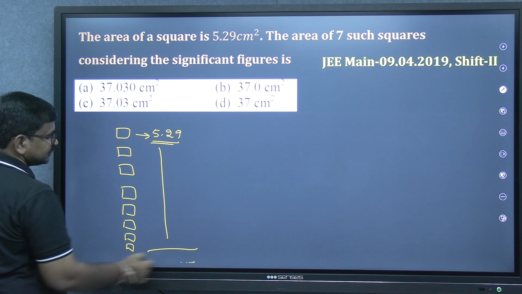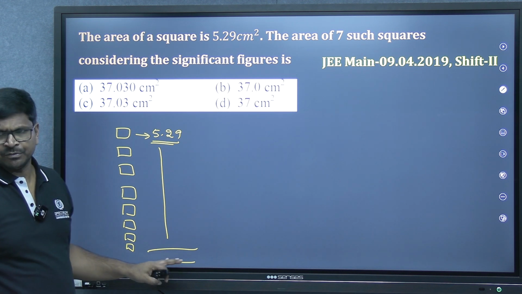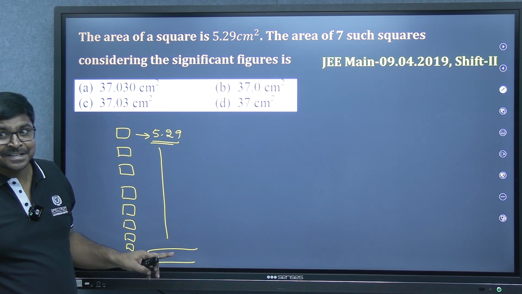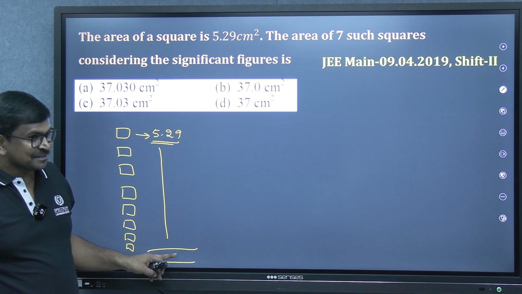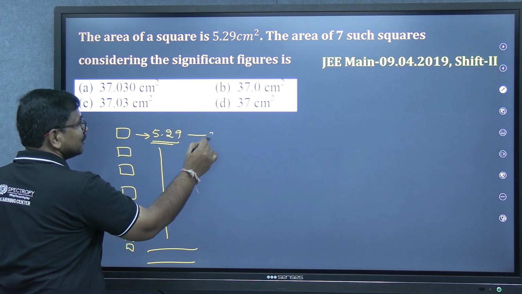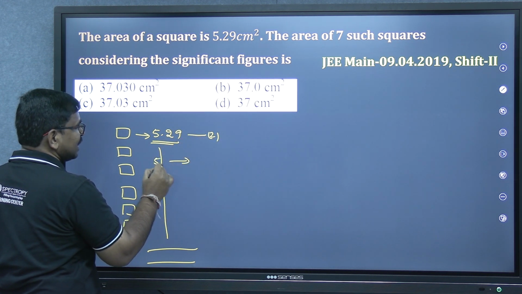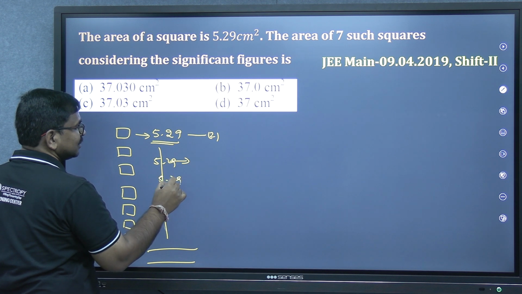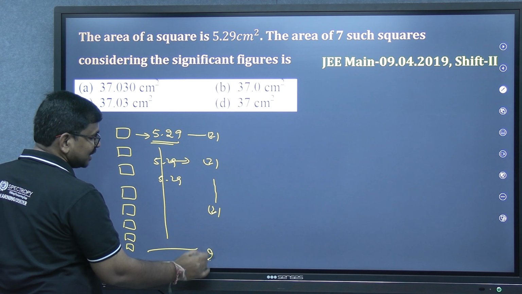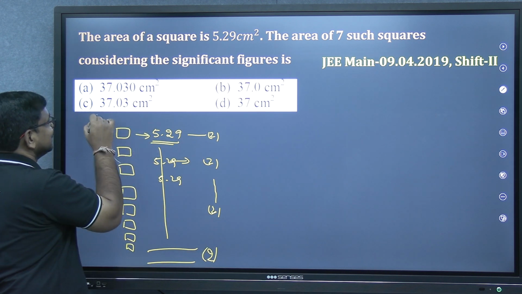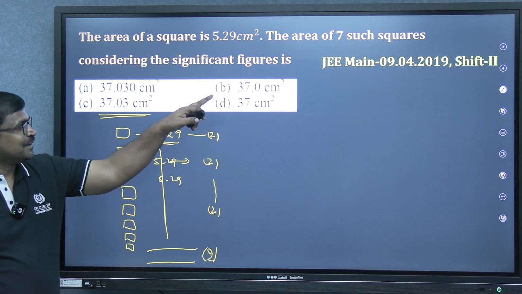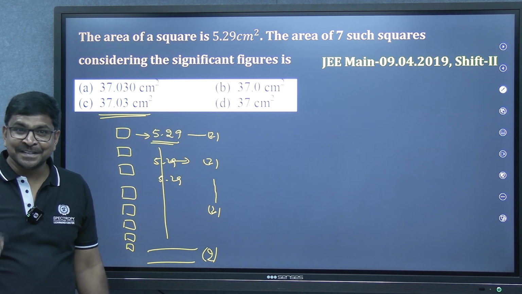In total we should get one value. Which operation is it? Addition. In addition, the result follows the least decimal. How many decimals here? All are 5.29 only, so 2, 2, 2, 2, 2. So the answer has 2 decimals. Which option? 3. This was 2019 JEE Main.